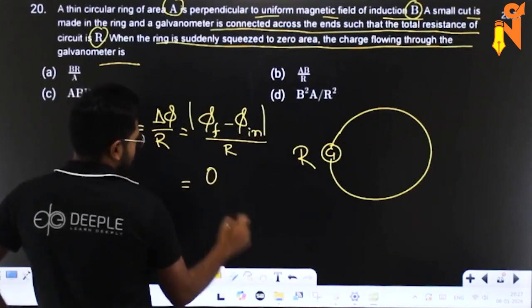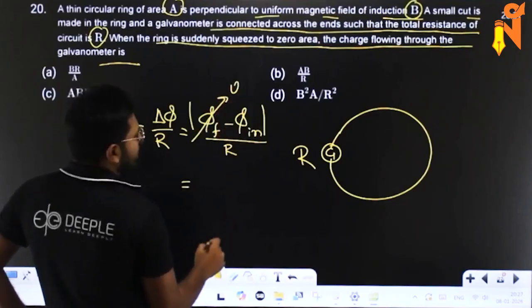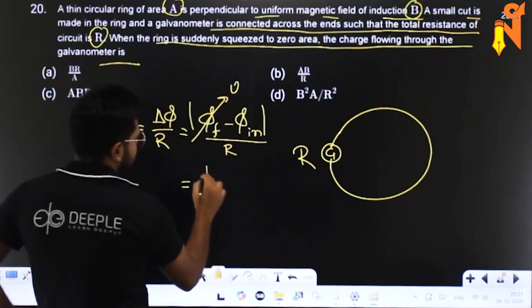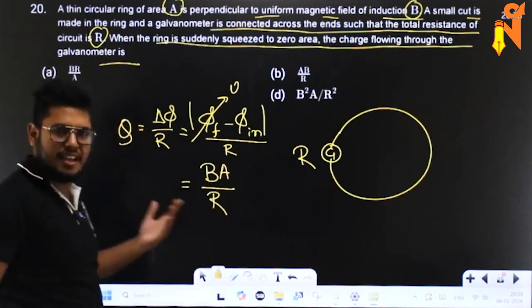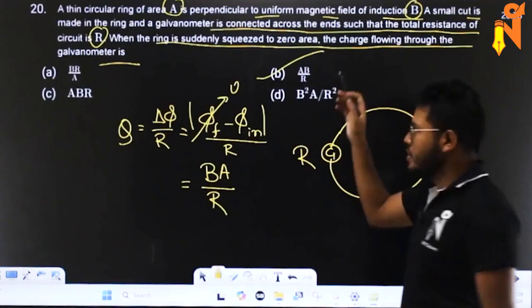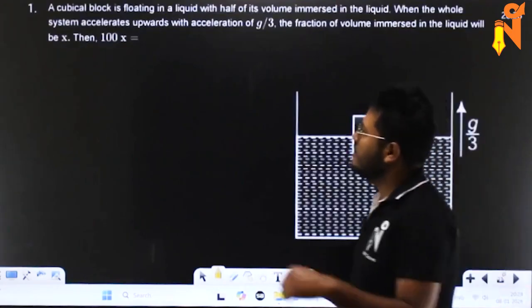So this is 0, forget about it. The other thing will become the initial flux, right? So just magnetic field B into area A divided by the resistance R. Simple, just a one liner. See, the question took more time to read than to solve. Funny one, huh? Let's come to this question.